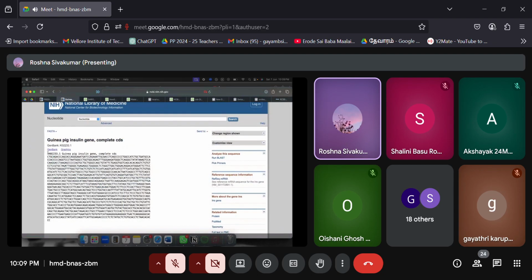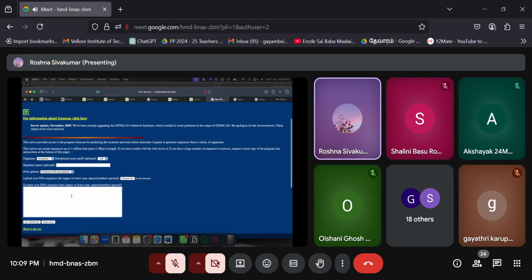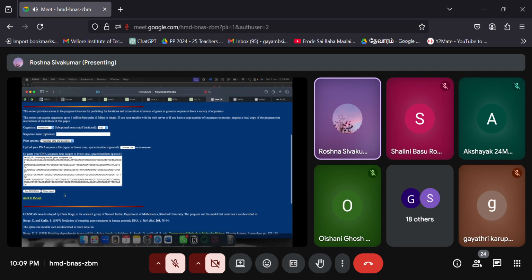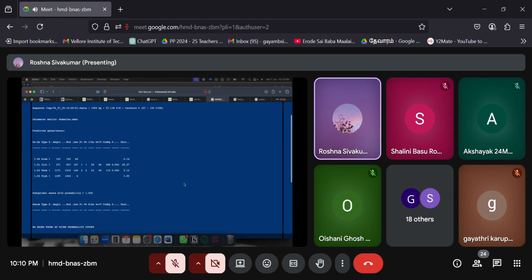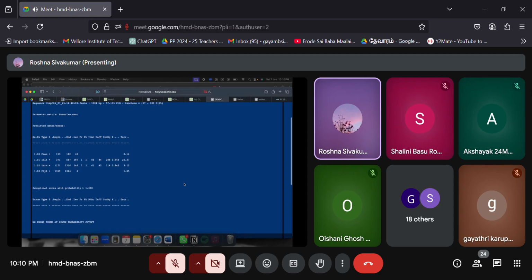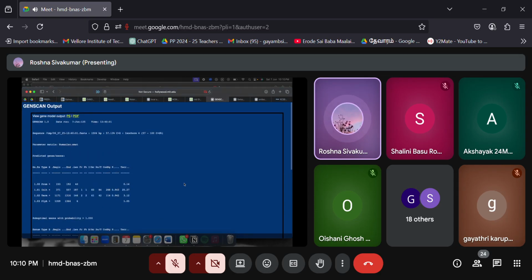So, let's paste the guinea pig sequence. Guinea pig is a vertebrate. GenScan is basically something that analyzes your single gene.